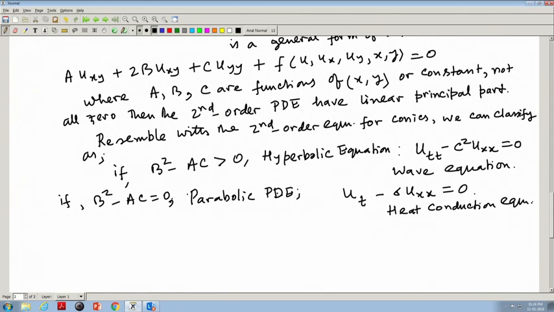which have these characteristics. Then the third case is b square minus ac less than 0. These are termed as elliptic PDE. I think I have not written clearly.